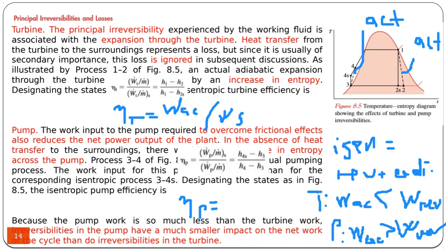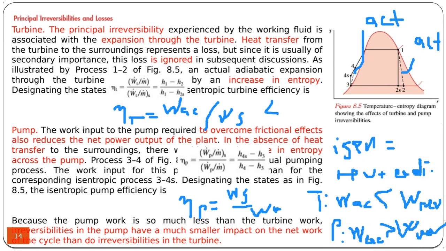It's isentropic pump work divided by actual pump work. Of course, their efficiencies must be less than 1.